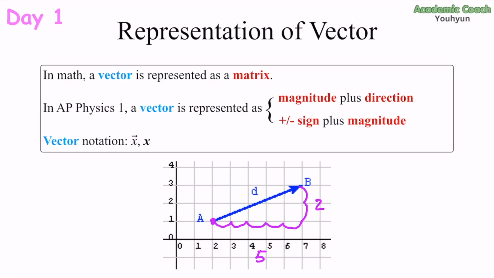So in math, we use the column vector 5, 2 to represent that we move along the x-axis by 5 units to the right, and we move along the y-axis by 2 units upward.